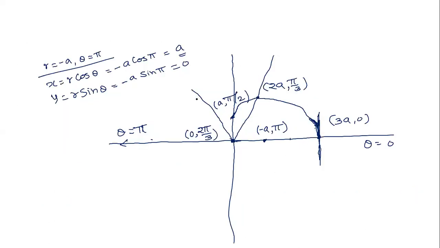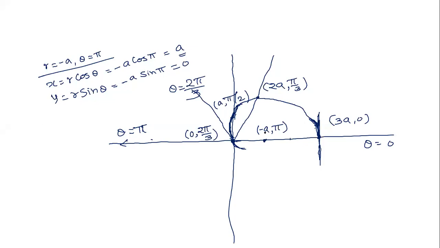So theta equal to 2 pi by 3, this is the line, is tangent at the origin. That means the shape must be coming here like this, like this, like this.